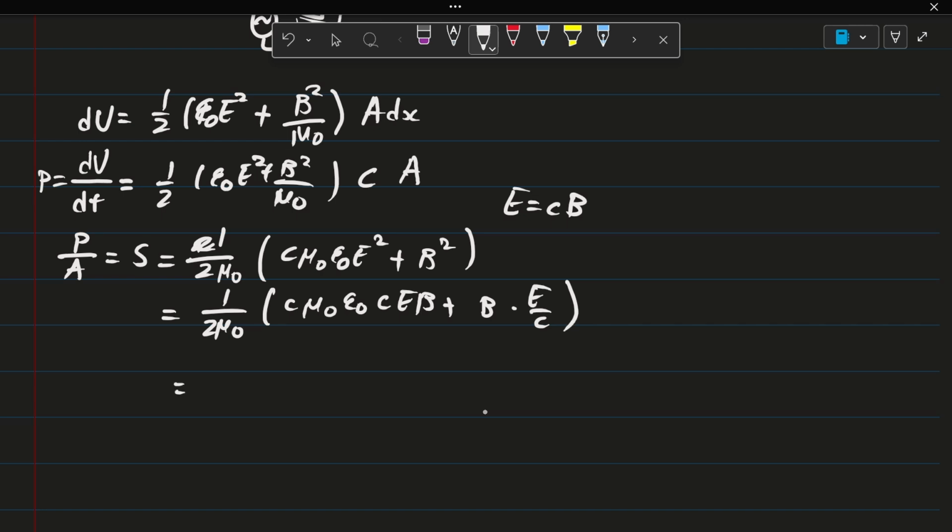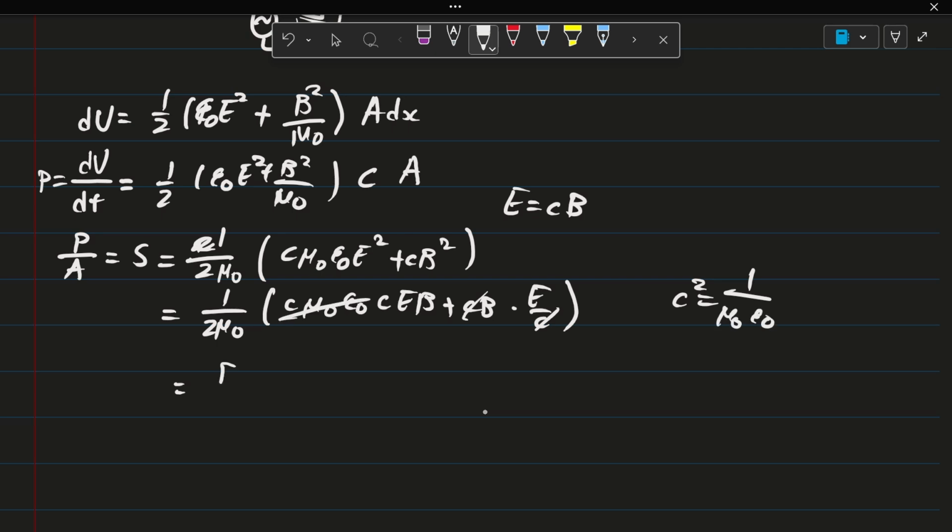We could remove a c towards the outside and also the EB. First of all, there's a c squared mu 0 epsilon 0, which is just a constant. Sorry, there should be another c here. The c and the c cancel each other out, and c squared is 1 over mu 0 epsilon 0. So this entire thing goes to 1.